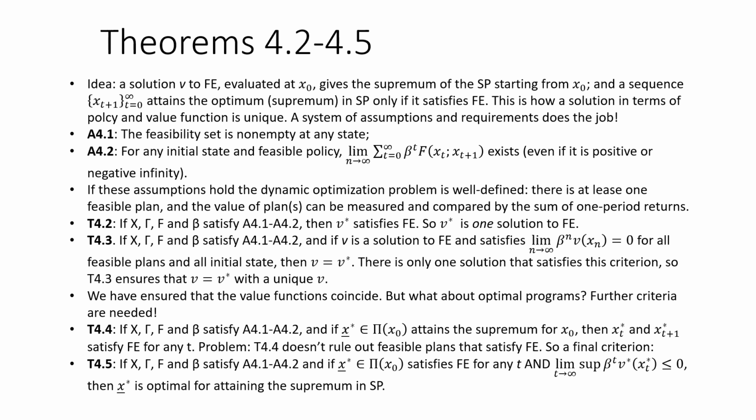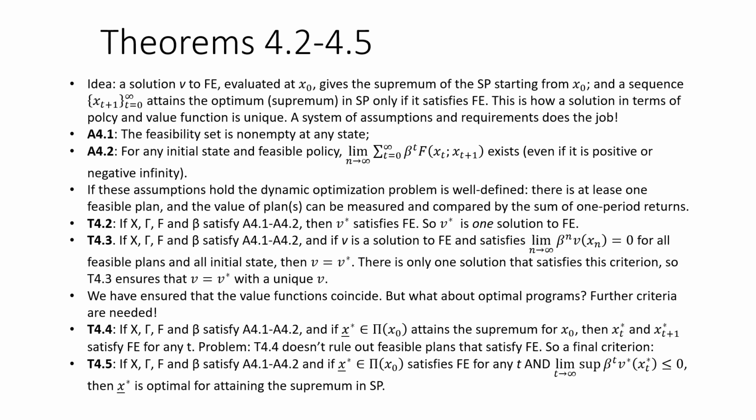So this is the way we set the idea that the solution to the functional equation and the sequential problem must be unique in terms of value function and optimum policy.